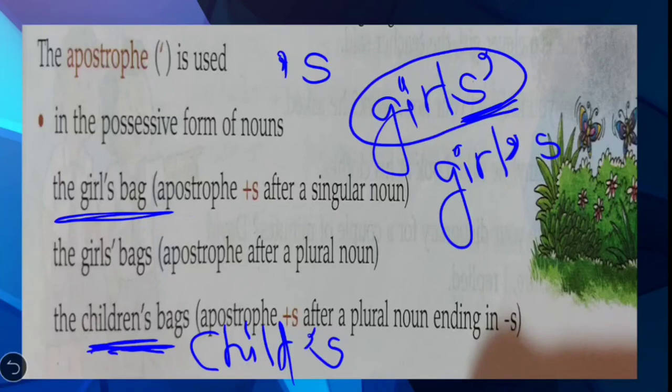This noun is not ending with S. Here this plural form is ending with S, that's why the apostrophe will come after S. But in children it's not ending with S. It ends with the letter N. So we have to put it like this, apostrophe before S.